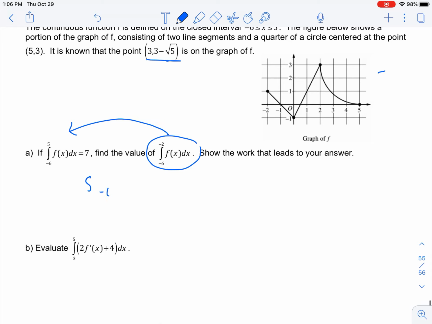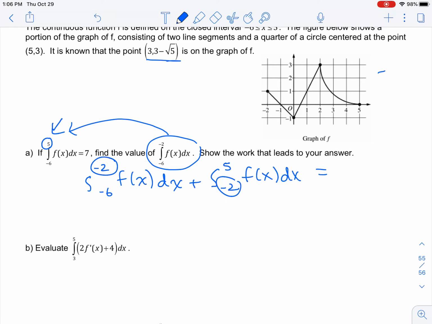So the idea is if I go from -6 to -2, but then somehow I want to get this 5, and if I add it to -2 to 5, it connects at this -2, so this is the same as going from -6 to 5. So this is the property that we want to use.